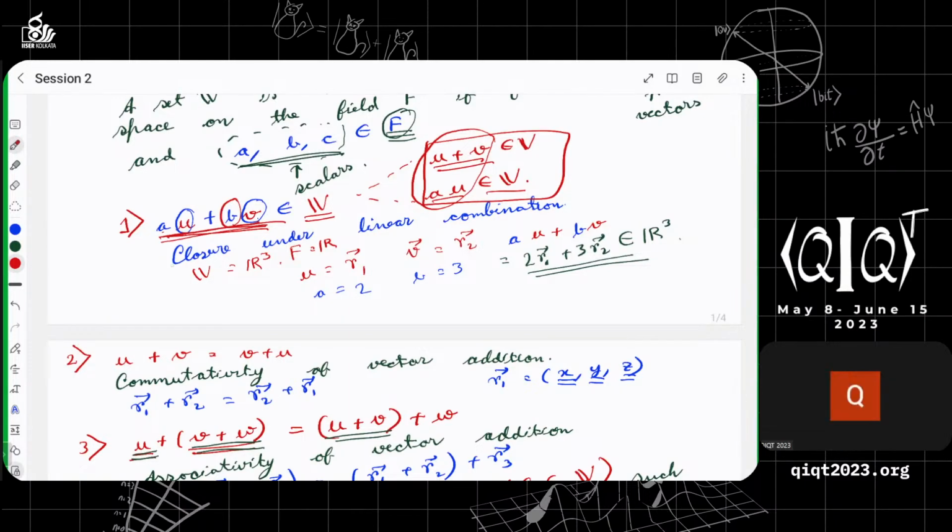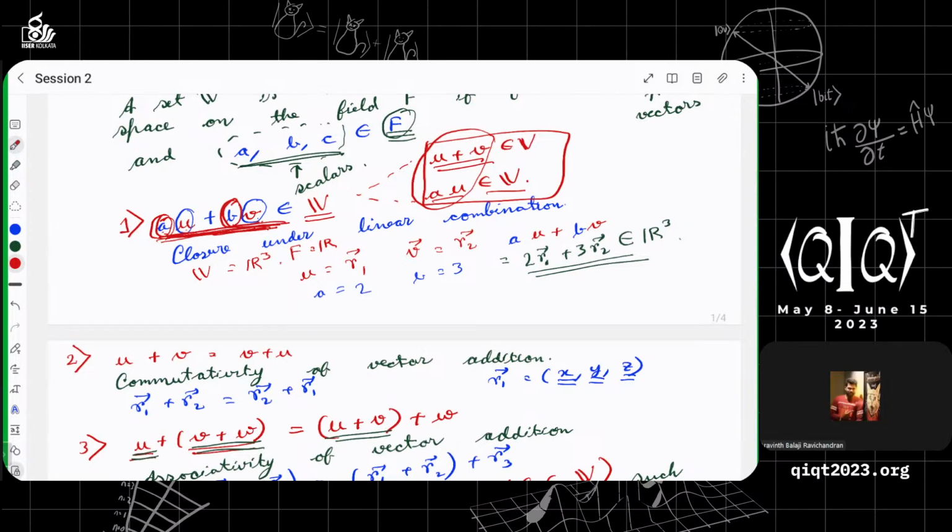But you are choosing a particular A and particular B. I am saying that this should hold for all A, all B, all U, all V. So if you take that general condition, because I can hand pick a particular A, a particular B, but it won't be true for all the scenarios.